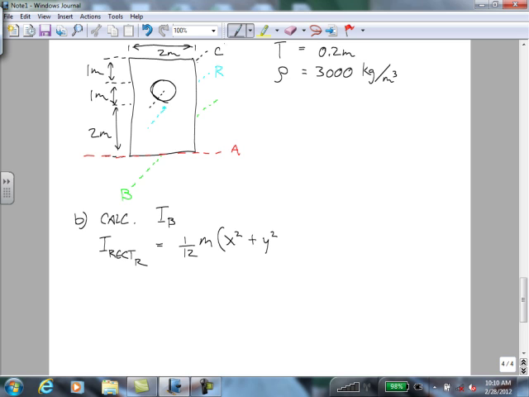So first I'll go moment of inertia of the rectangle about R. That's 1/12 times the mass of the rectangle times x squared plus y squared, or actually I think L squared plus W squared is what I call it.